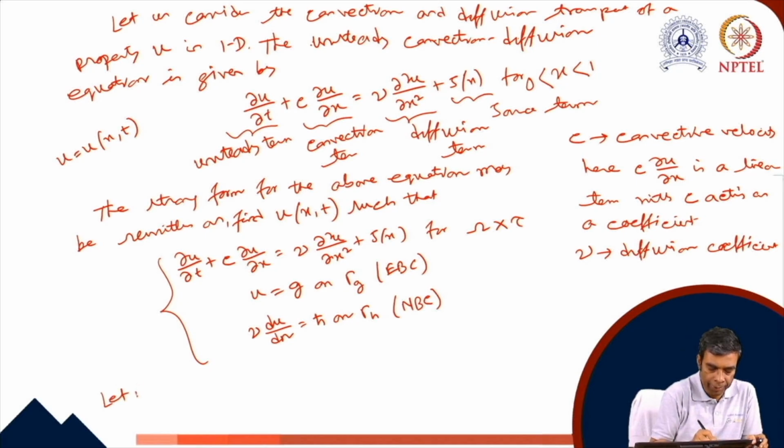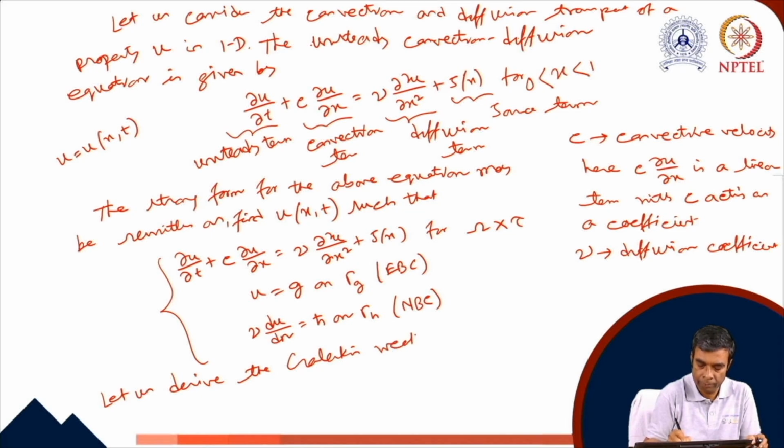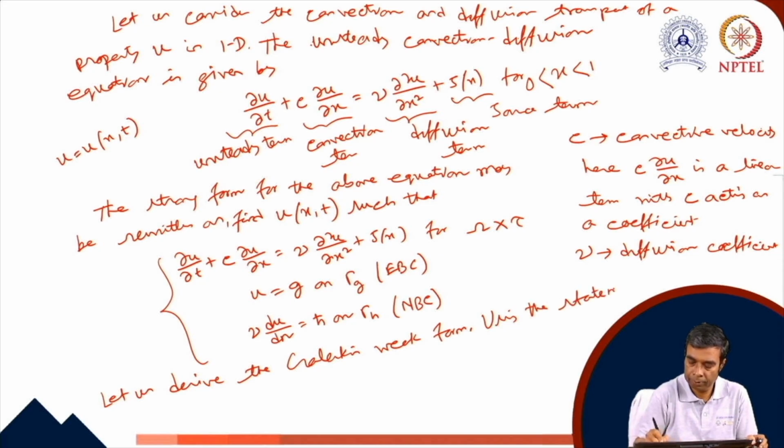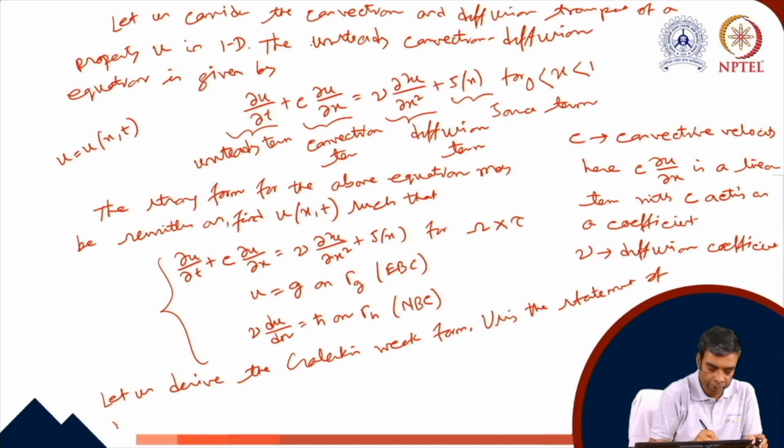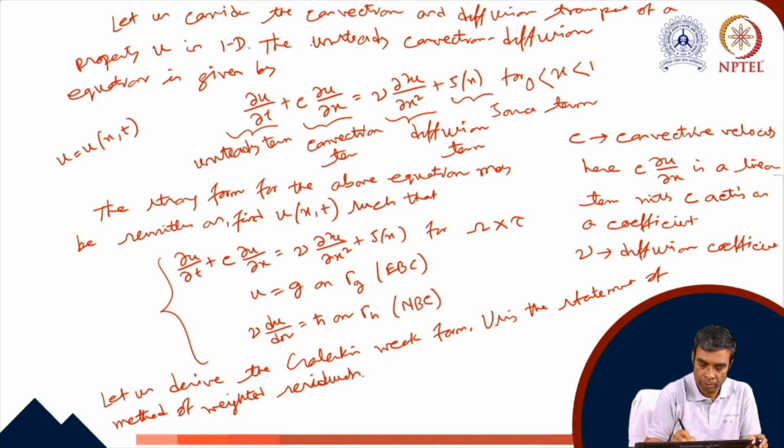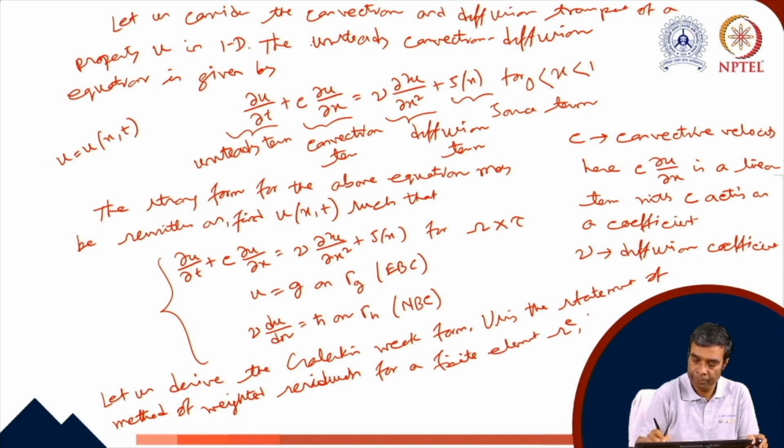Let us derive the Galerkin weak form using the statement of method of weighted residuals for a finite element omega e.